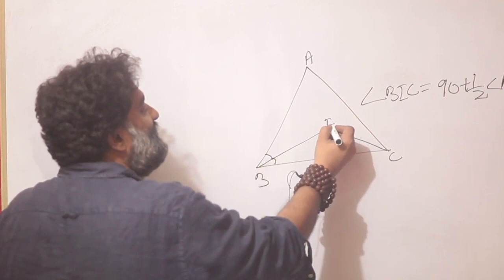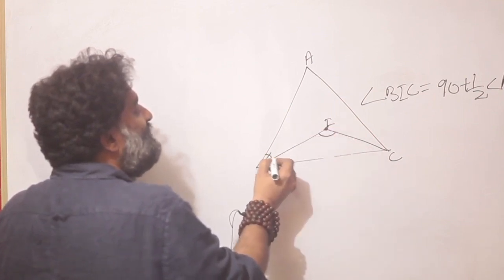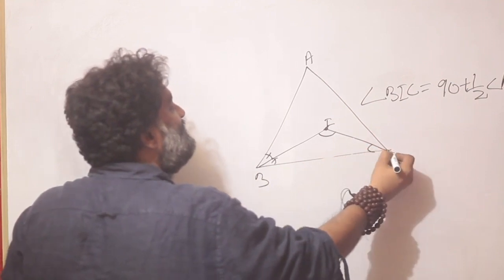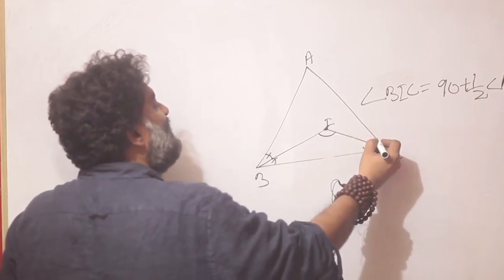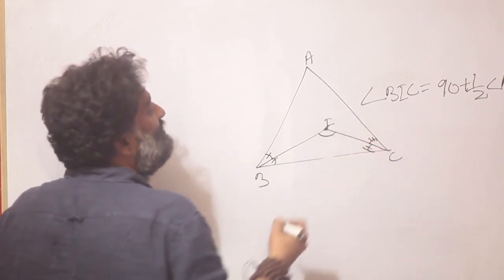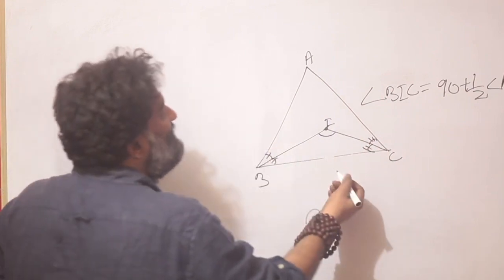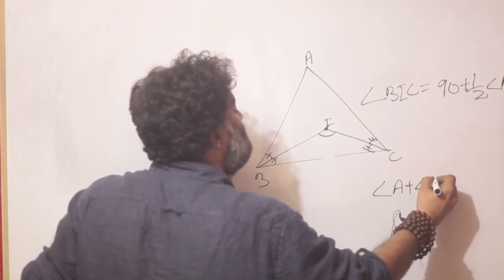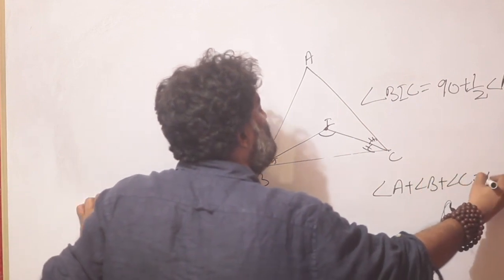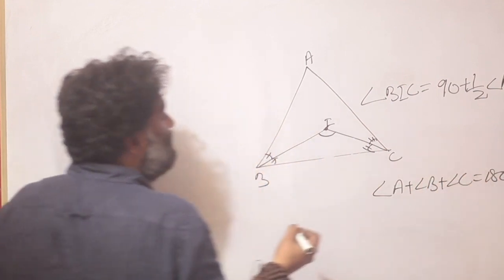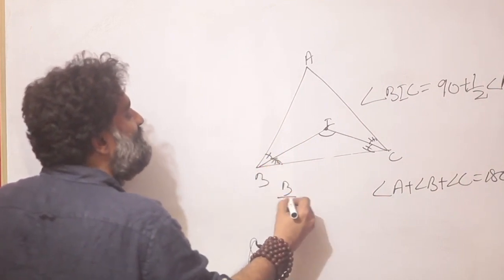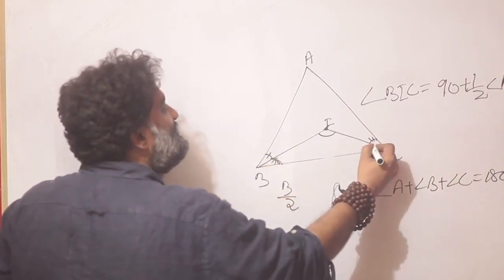All I need to understand is what is an angle bisector. So when I think of the angle bisector BI, it is going to divide this big angle B into two equal parts. Similarly, this CI is going to divide this big angle C into two equal parts. So the starting property that I will use is that angle A plus angle B plus angle C is equal to 180 degrees. What is this angle going to be? This angle is going to be B by 2. What is this angle going to be?